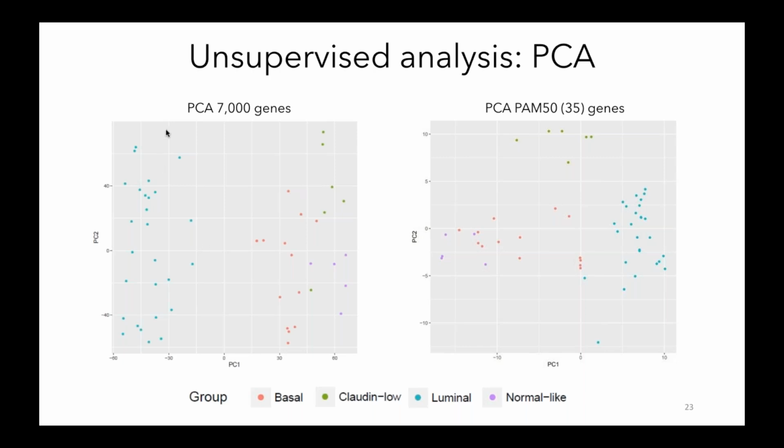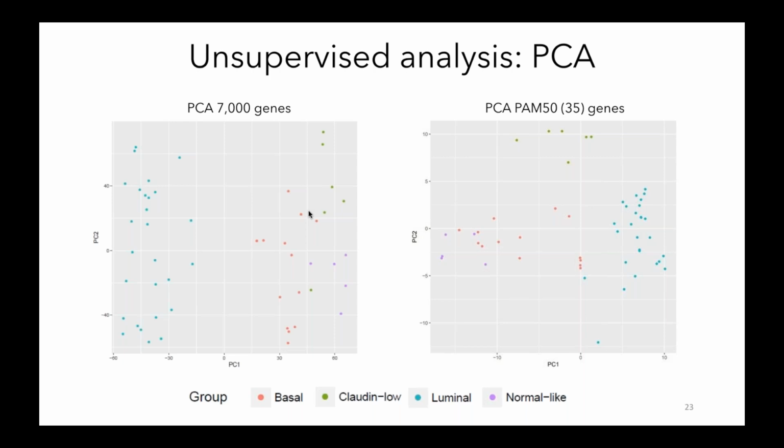And so here what you can see is how PCA analysis, so principal component analysis on 7,000 genes, shows us different subtypes of breast cancer studied in the cell line project, and where we can see, as you can see, this is luminal on one side, and it's separated from the rest. But even with the rest, we can see some separation between basal and then normal-like and cloud and low here on top.